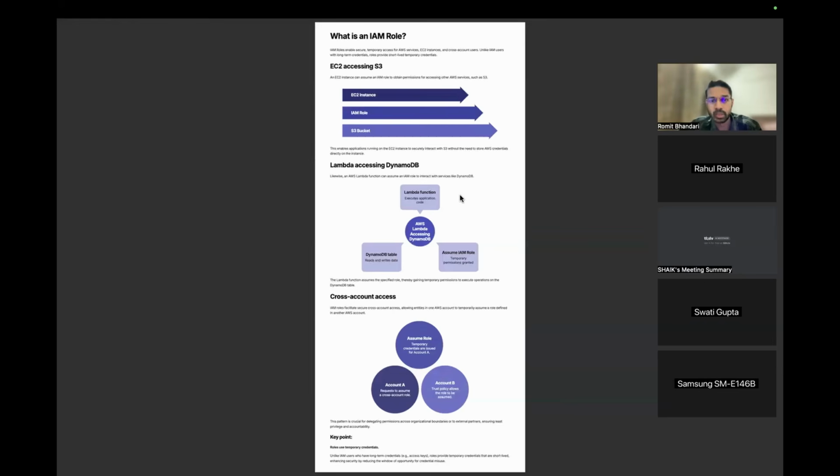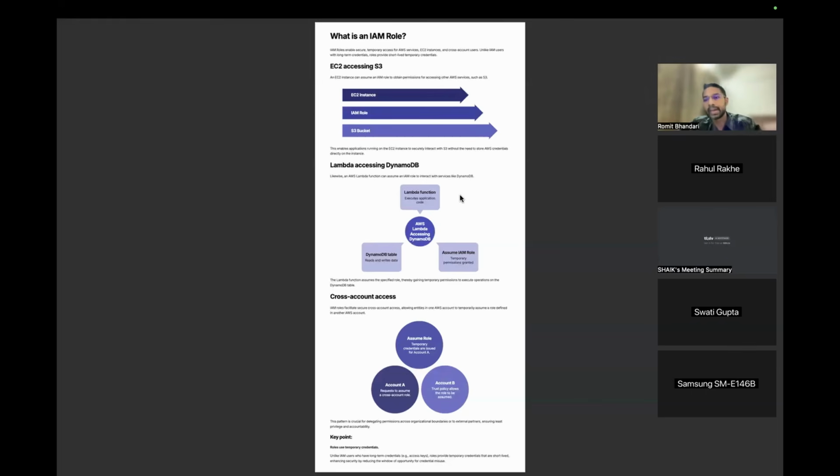Okay, that is one thing. So EC2 basically needs two permissions. One, permission to assume the role, and that role itself. Okay, so that's how the trust policies work.